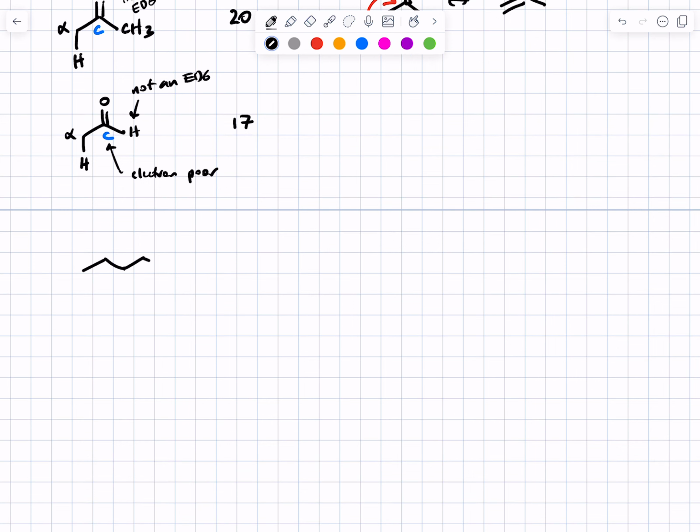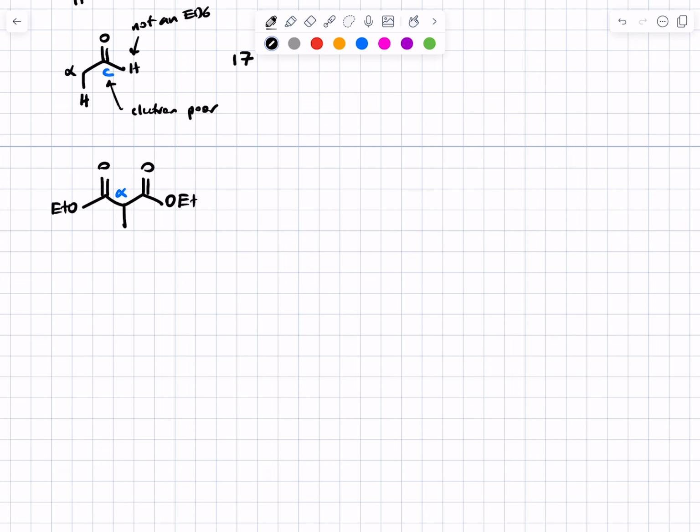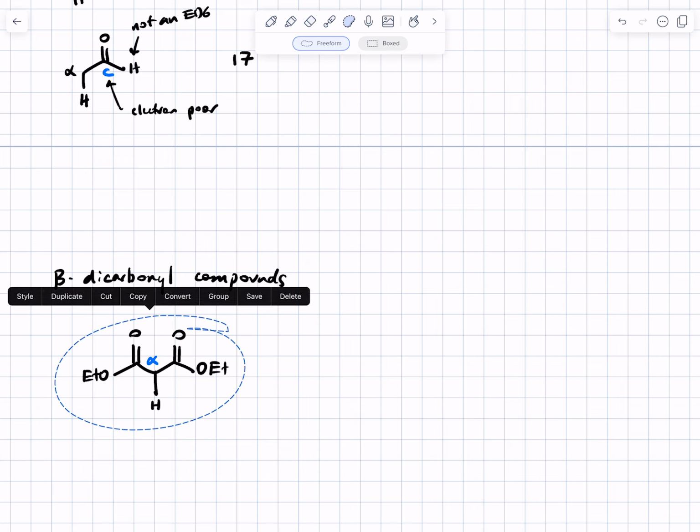There's a class of carbonyl compounds that we'll deal with later, in which the alpha carbon is alpha to not 1 but 2 carbon oxygen pi bonds. What I've drawn for you here is called a beta dicarbonyl compound, or what will follow actually is a series of beta dicarbonyl compounds.